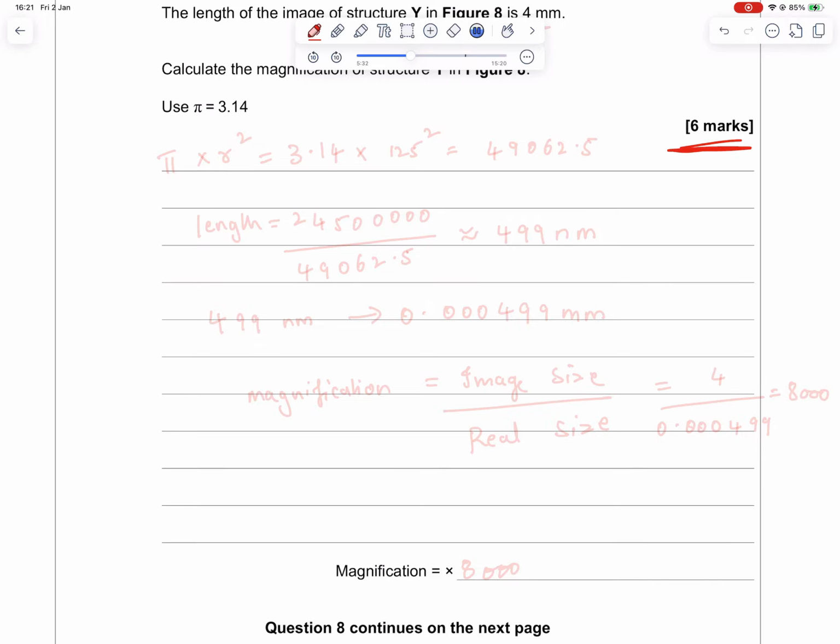Now, this looks like a long calculation, but it is actually very structured. First, let's calculate the real length using the formula given. Let's simplify the denominator first. I'm going to do pi times radius squared.